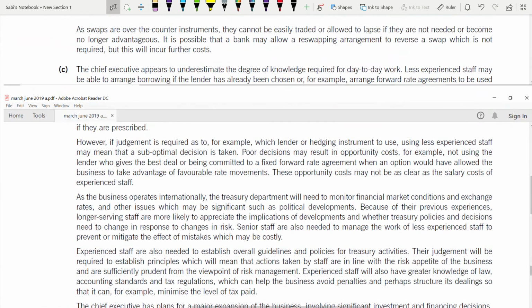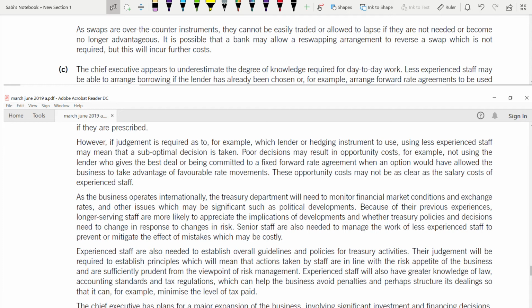Okay, what was the part 3 requirement, part C? They said, why do we have to hire experienced and expensive staff for the treasury department? They are not giving any strategic value. We can even hire some inexperienced and junior staff for the treasury department to manage exchange rate risk and all those things.